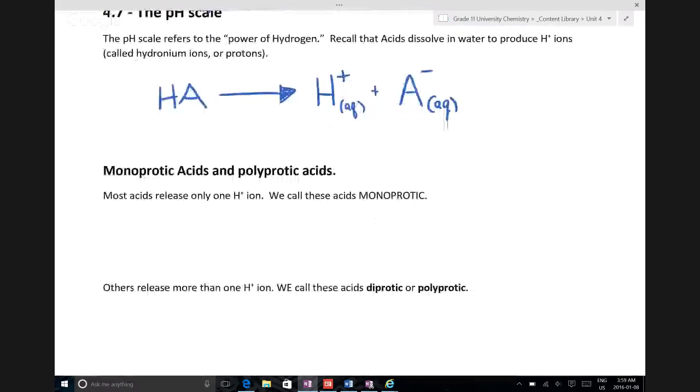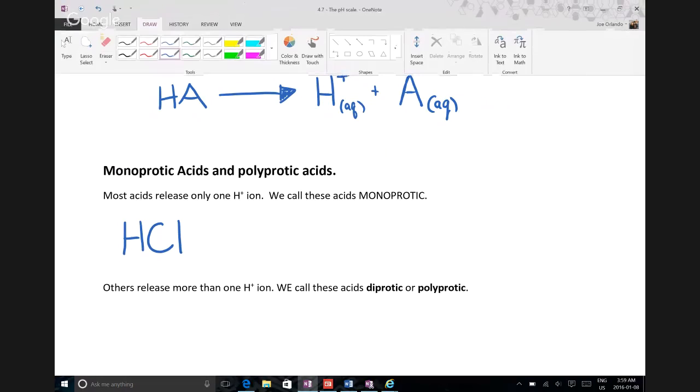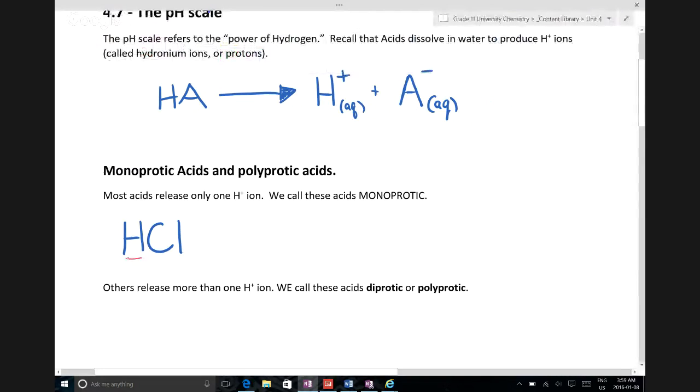Now, most acids only have one H+ ion. Right? The acid that we have been using in lab these last few days is hydrochloric acid, HCl. And of course, if we look, it has just one lonely little hydrogen right here.